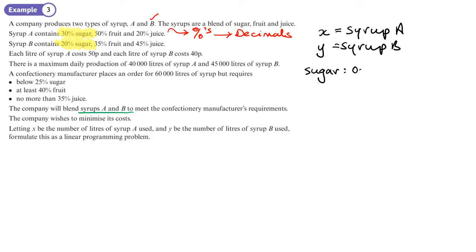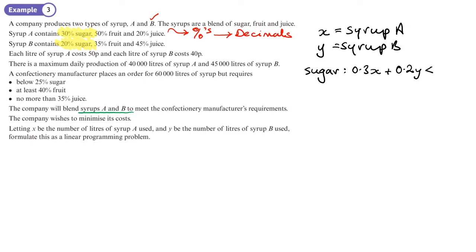So we'll do 0.3x, 30% of x. Then syrup B, so we're adding them together here because it's a blend. These two syrups are going to be put together. 20% sugar is in syrup B, so 0.2y. And that amount of sugar needs to be below 25% in the blend.